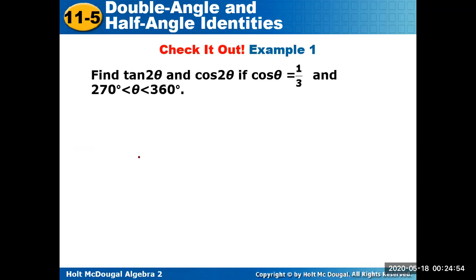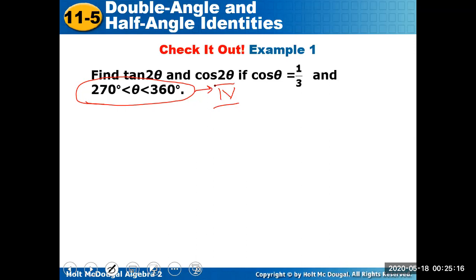So tan theta, you can either find it using method 1 or method 2, up to you. Some people prefer using the formula instead of the triangle. Also you have to be careful about which quadrant it is. This is the fourth quadrant.